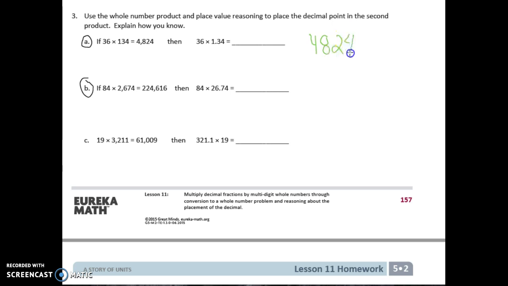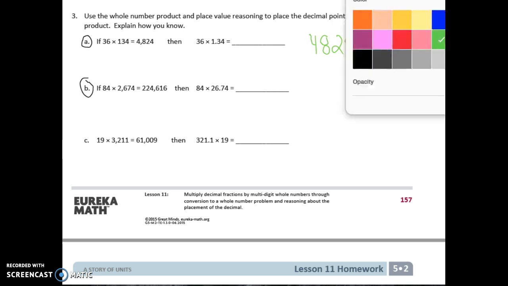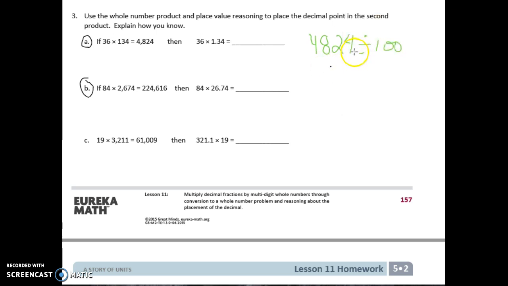If it's 4824 and we divide it by 100, it's going to lose 2 place values, right? So if the decimal is here and it loses a place value, it loses another place value. Your answer then is 48 and 24 hundredths.